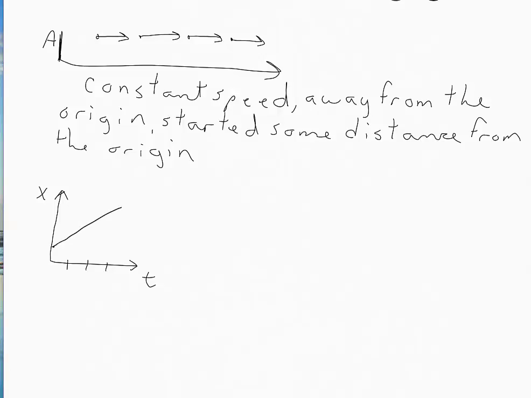And then we could actually figure out specifically where each of these seconds was, where the car was at each of these seconds. If I want to make a velocity time graph from this, then I need to figure out the slope. So I can take this and I can go to a velocity time graph.